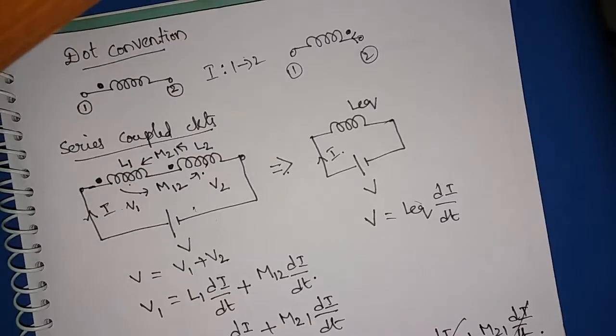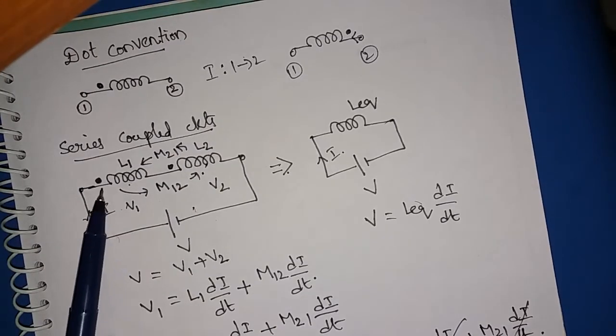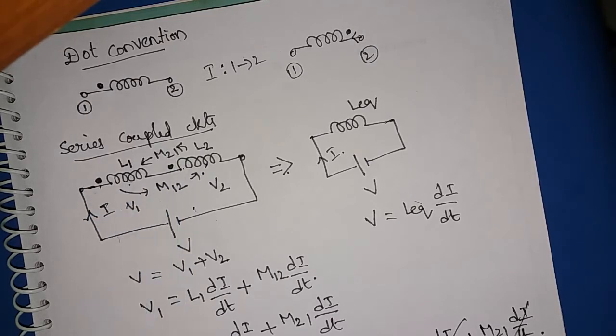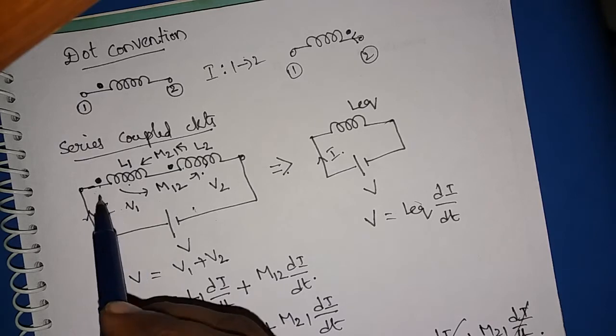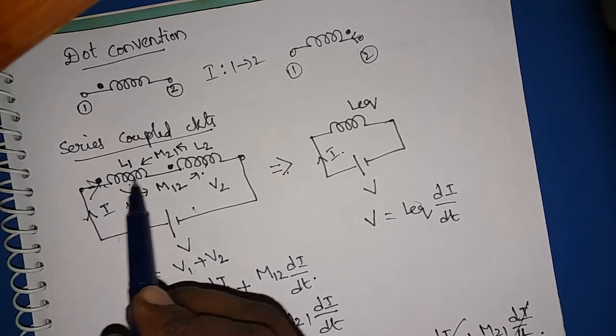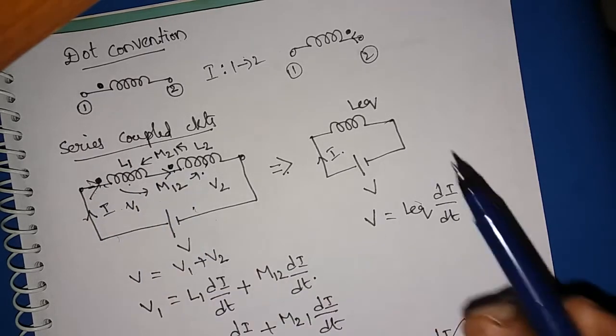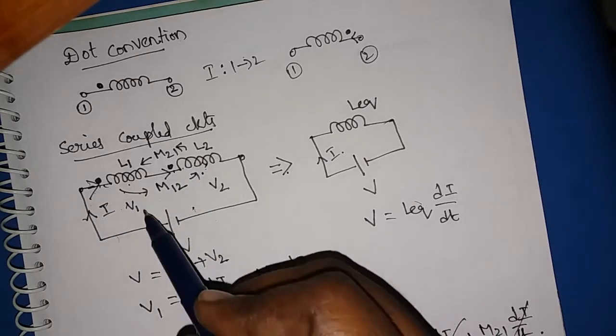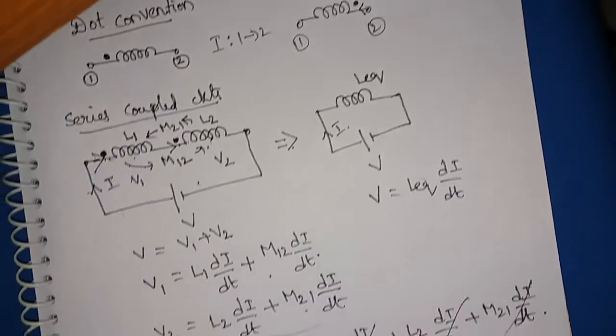And here you need to observe one thing. When the dots are placed at the starting of the two coils, the current entering here is starting, and here also the current entering is starting. Hence the mutual effect between 1 and 2 is positive, and between 2 and 1 is also positive.